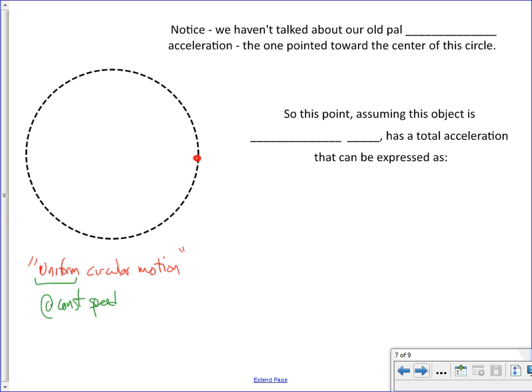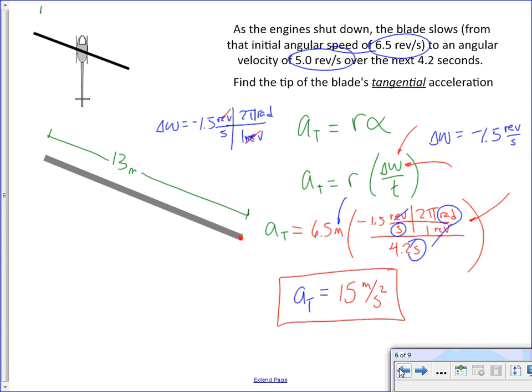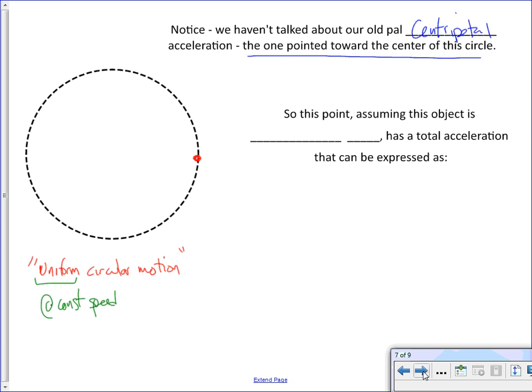When they do that, they're still accelerating. Even things that move at constant speeds can be accelerating if they change direction. So for things that move in circles, even if they don't change speed, they do have an acceleration that points towards the center of the circle. That's our old pal, centripetal acceleration. We just got through talking about tangential acceleration, which is totally different than this centripetal one.